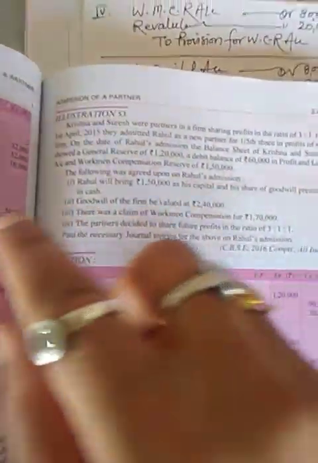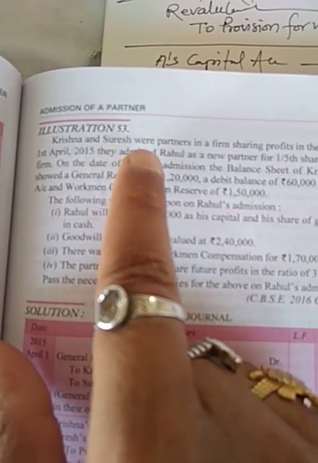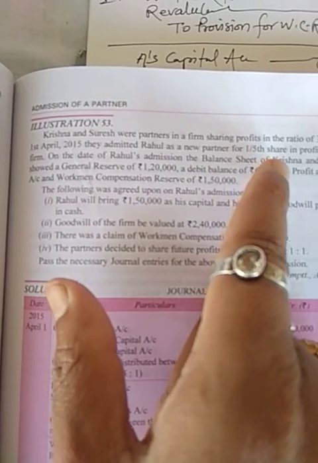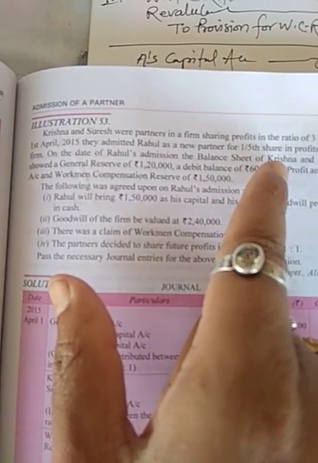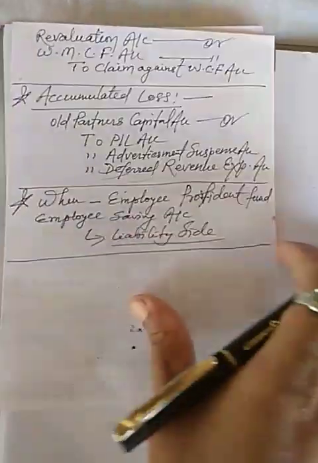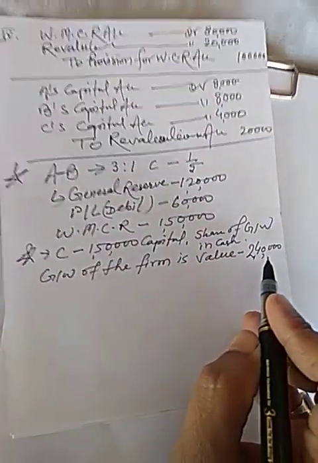Suppose the same illustration. Krishna and Suresh were partners in a firm, but it is not clear, so I am going to write only this. Now the goodwill of the firm is valued at 22,40,000.